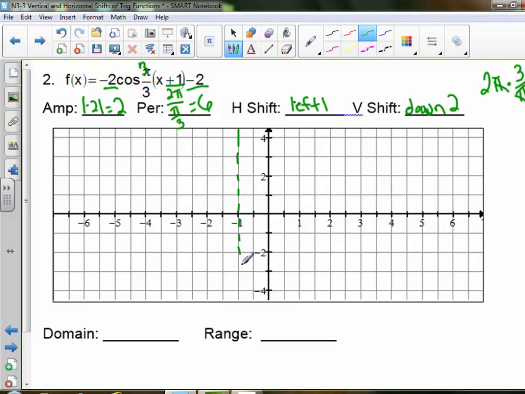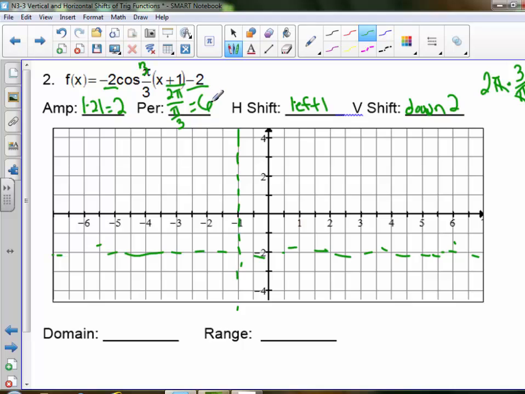Okay, so that's my new vertical. And then down 2, so from 0, 0 down 2. Having a little trouble there, sorry about that. Okay, so those are going to be my new axes.